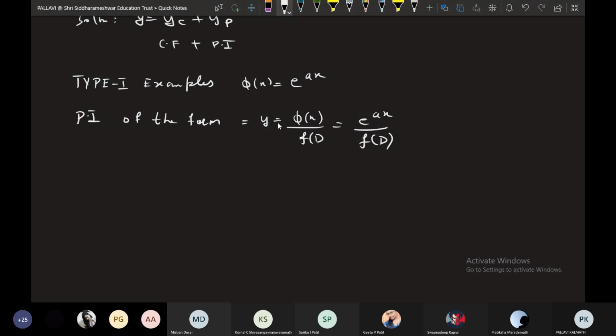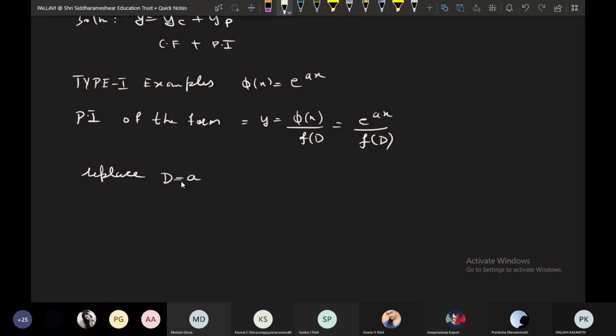How will the particular integral be given? y is phi of x upon f of D, and phi of x is e raised to ax upon f of D. So how to get y for this? We are going to replace the value of D by a.